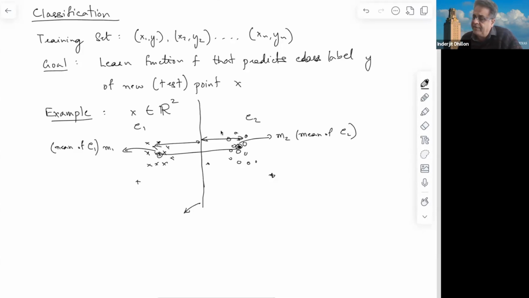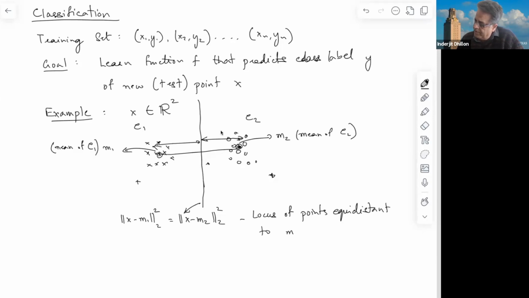And so then in this case, this equation or the locus of all points that is equidistant from M1 and M2, I can write like this. Okay, the squares are not needed, but it'll simplify things if I remove the squares. Okay, so this is the locus of points which are equidistant to M1 and M2.